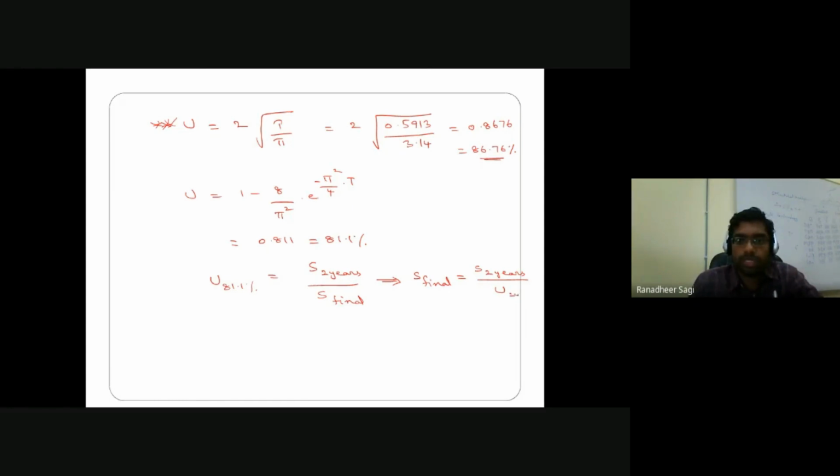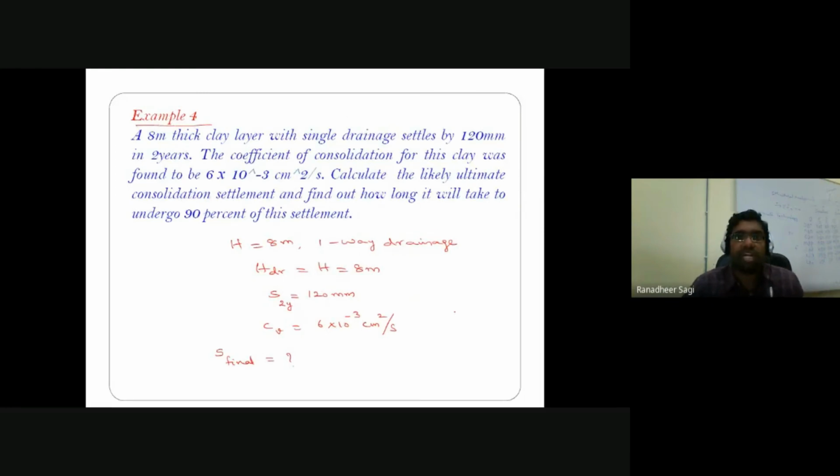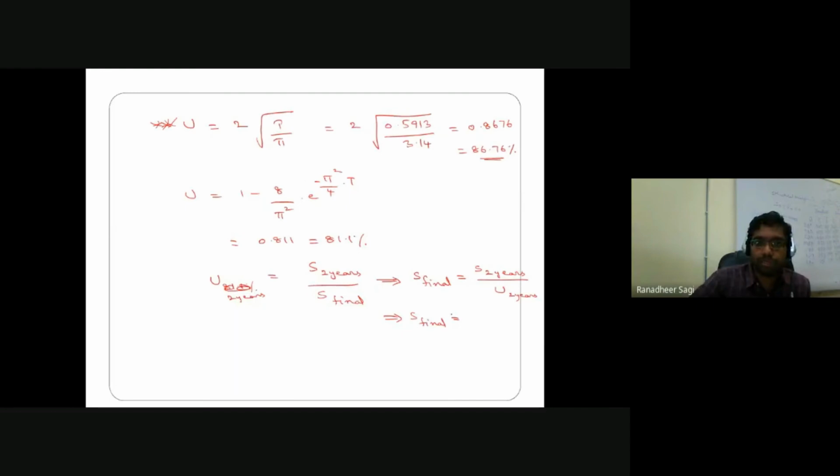Okay, so for that corresponding 2 years period, I am trying to refer to. This is not 8, this is 2 years. Please do substitute into this to get your final settlement, because settlement after 2 years is 120 mm, which is the settlement you have in that particular soil layer in 2 years. That's the data given.